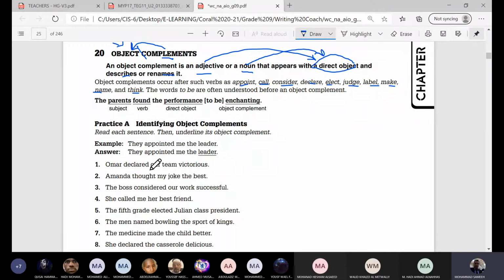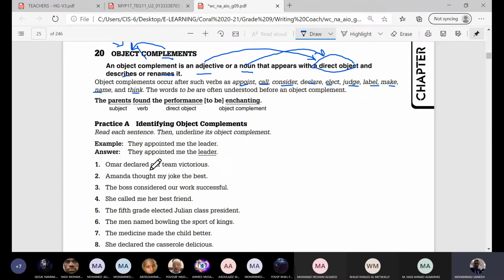Label: I labeled the project fantasy. Fantasy is a noun renaming the word project, which is a direct object. That's why it's called an object complement.